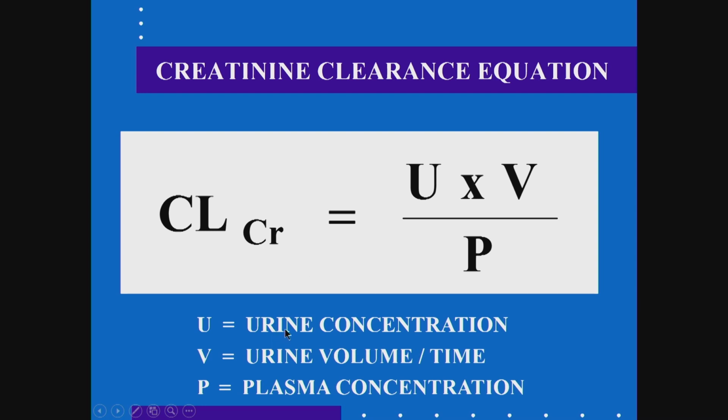So U refers to the urine concentration of the drug, or rather of creatinine in this case. V is the urine volume produced over a period of time. Typically, the creatinine clearance requires a 24-hour urine collection. So this is really a urine formation rate. And then P stands for plasma concentration of creatinine.